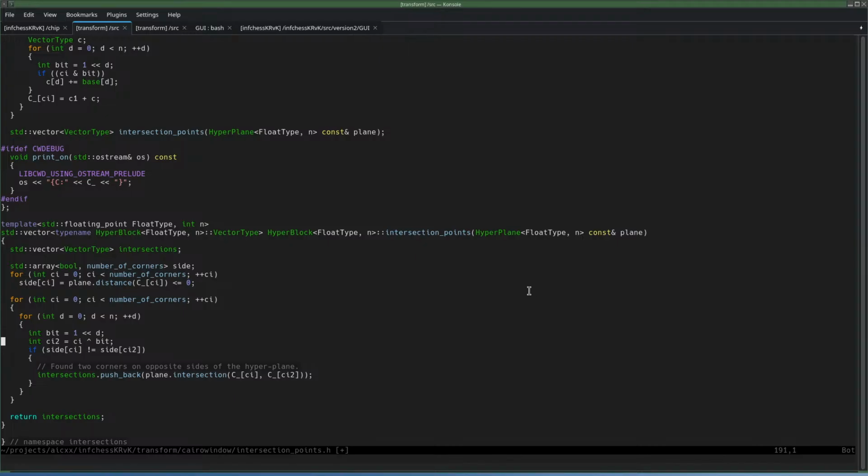I can't find the word. But there are 12 of those, right? So you get up to... well, there are 12, but the number of corner pairs is equal to half, I guess, n times n minus 1.